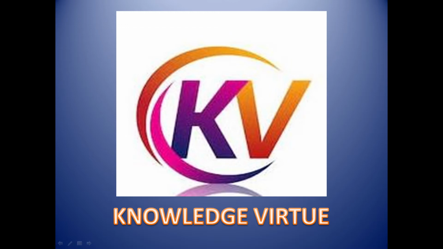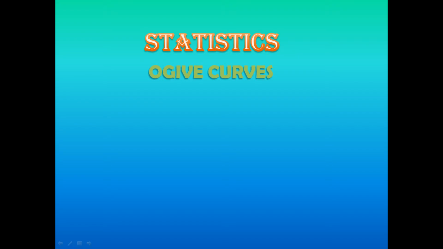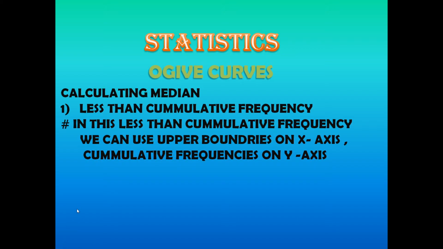So in our 10th class, the thing we are going to learn is the Ogee curve. There are two types of Ogee curves. One is the less than cumulative frequency curve. To calculate the median, we are going to use these cumulative frequency curves, which are known as Ogee curves.